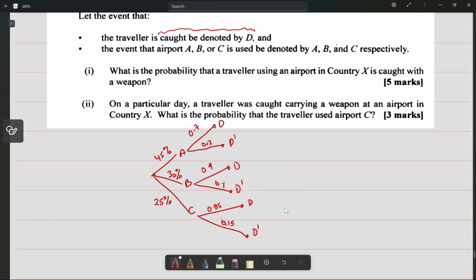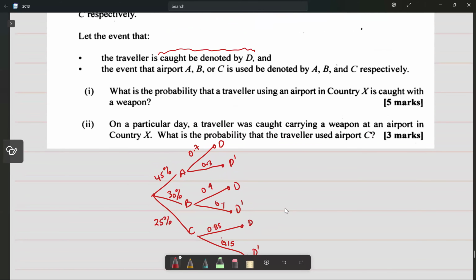So for this now, it asks the actual question. What's the probability that a traveler using an airport in country X is caught with a weapon? Okay, so it's asking the probability of getting caught overall.